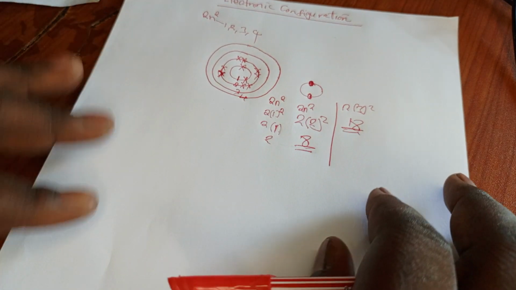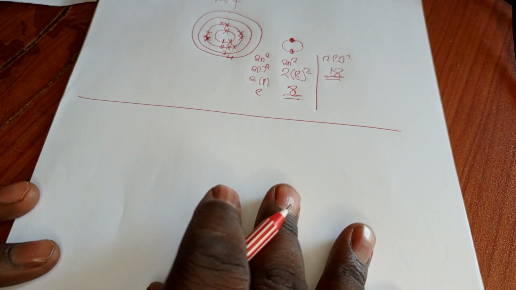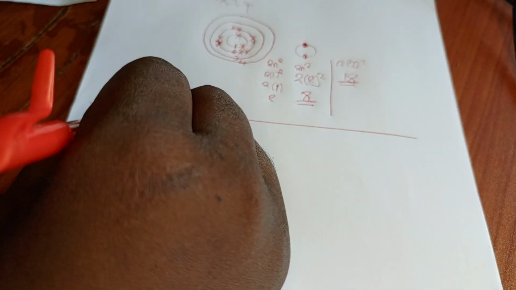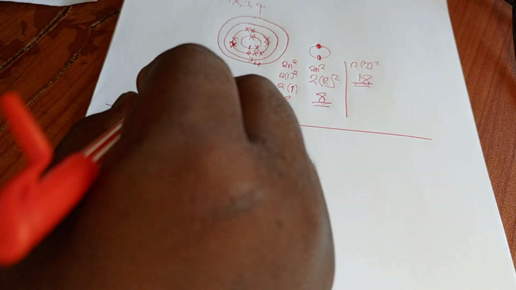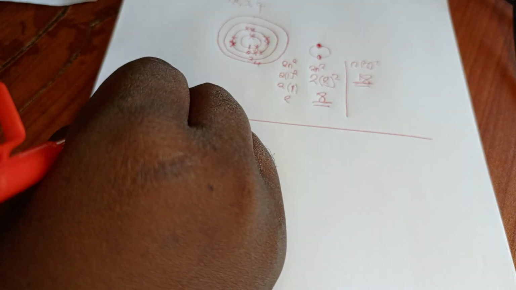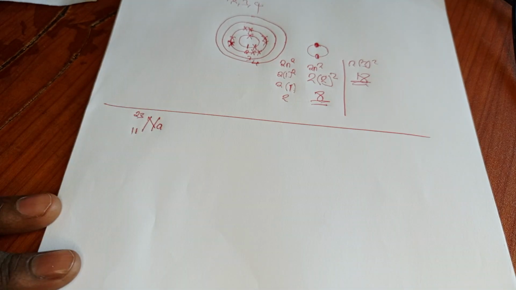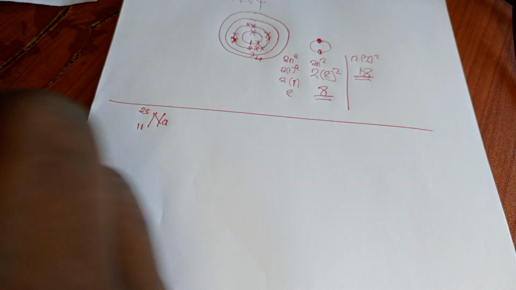So now we need to know that. For example, I'll try to explain this part as well. If you have, for example, sodium here. My sodium is here, which has 23 here and 11 here. So when they tell me to write the configuration for sodium, I'll do it like this.